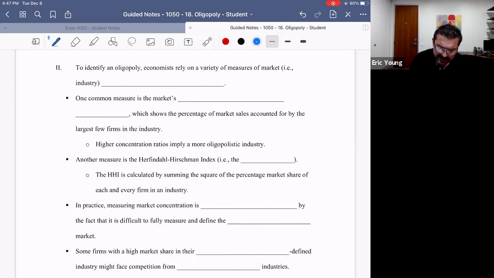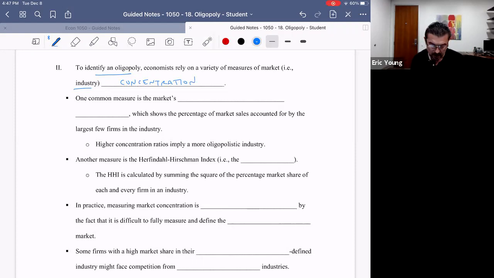So this big idea here, and there's only one big idea with two small examples. To identify an oligopoly, economists typically rely on a variety of measures of market concentration, also known as industry concentration. Basically what these measurements do is attempt to identify, industry by industry, just how concentrated, how oligopolistic the industry is.